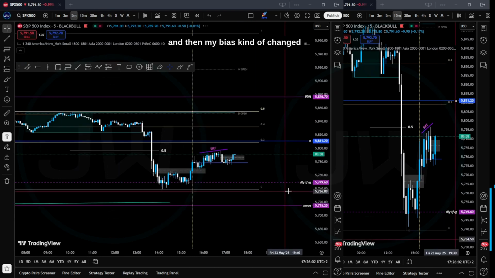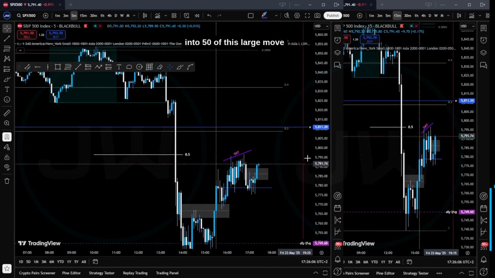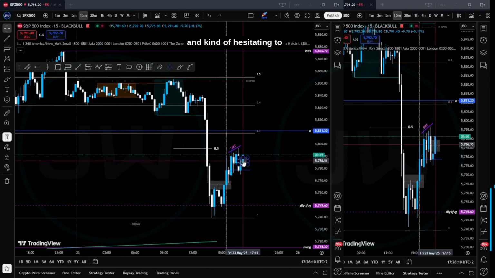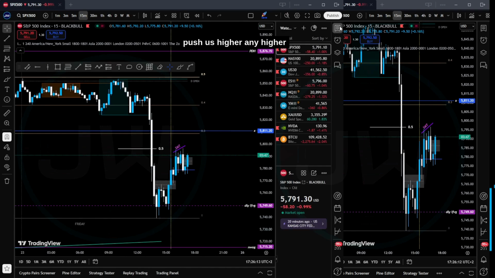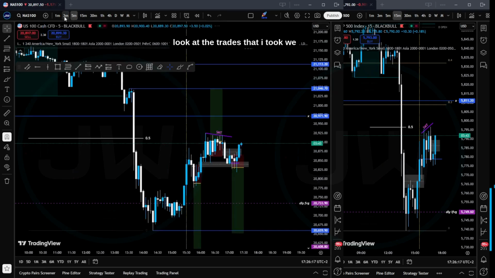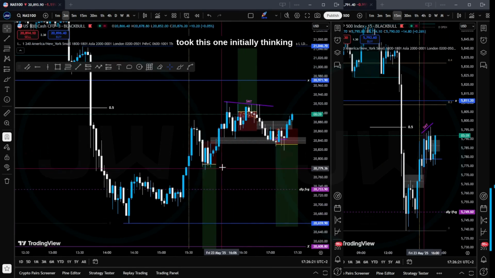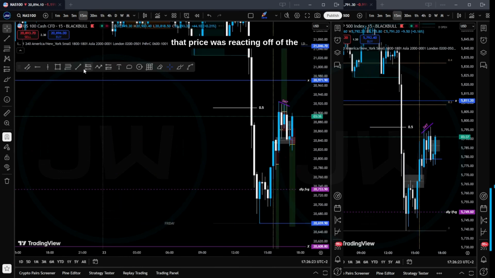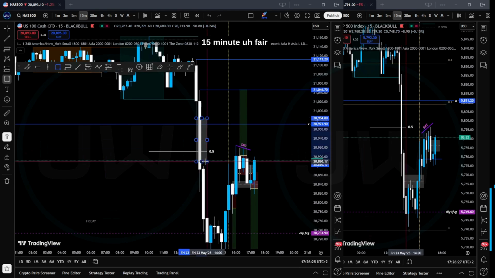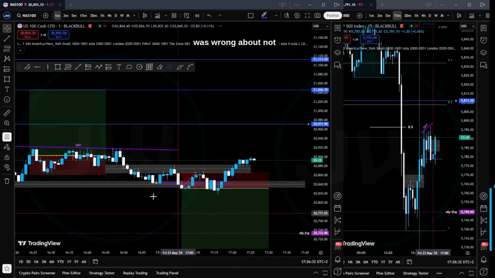And then my bias kind of changed, seeing price dip into 50% of this large move and hesitating to push us any higher. So if we go down and look at the trades that I took, we took this one initially thinking that price was reacting off of the 15-minute fair value gap right here, which I was wrong about.